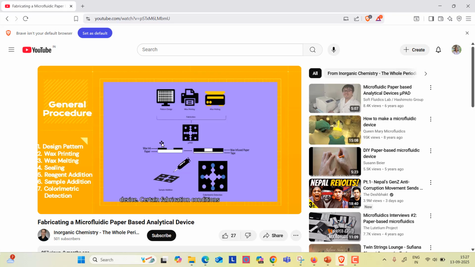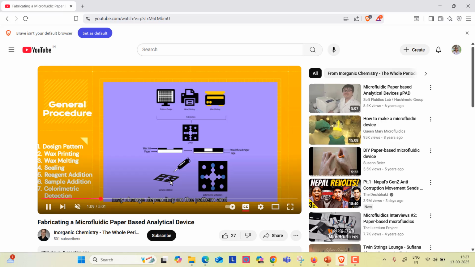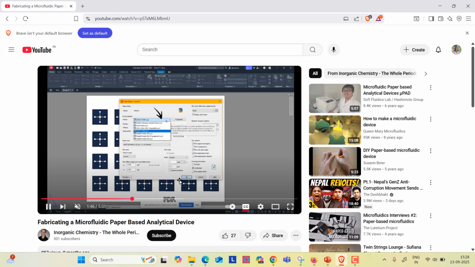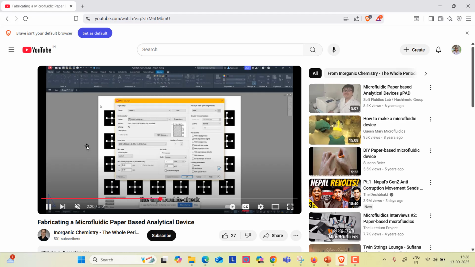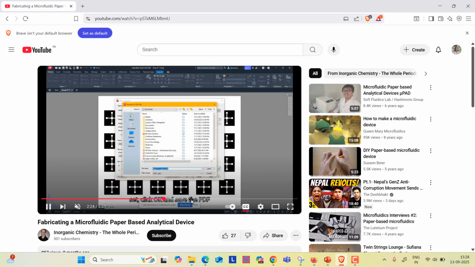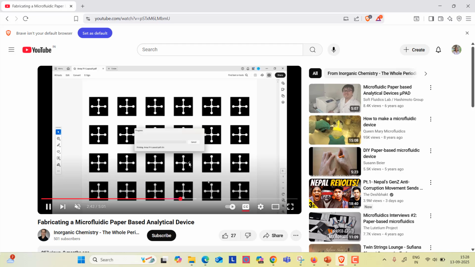First the design is done, then they are printing it and they are making the border hydrophobic. Now they will put the samples and see the result.